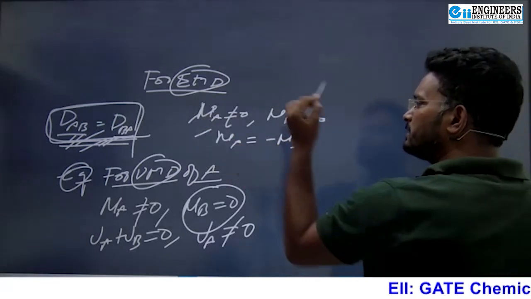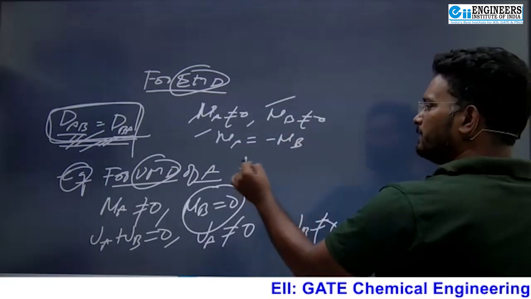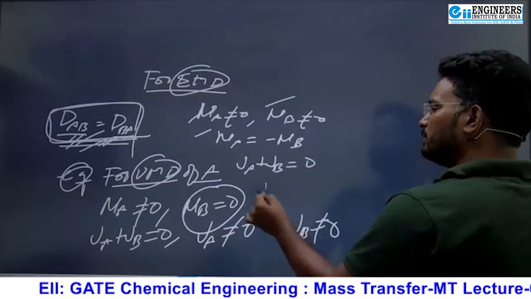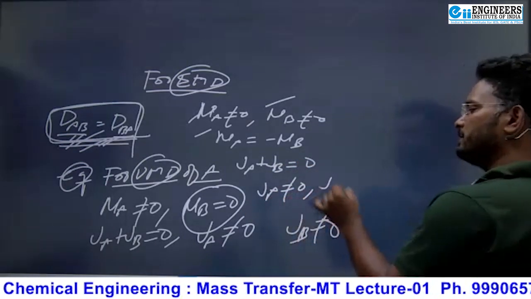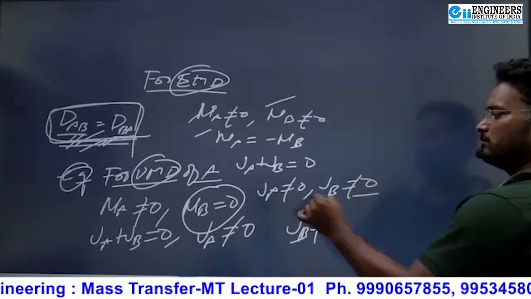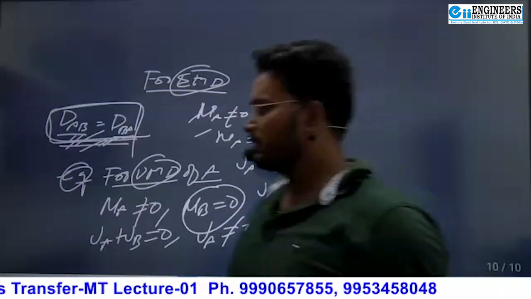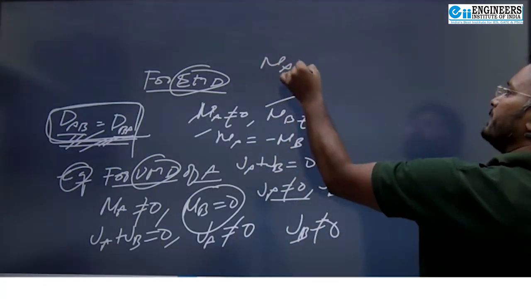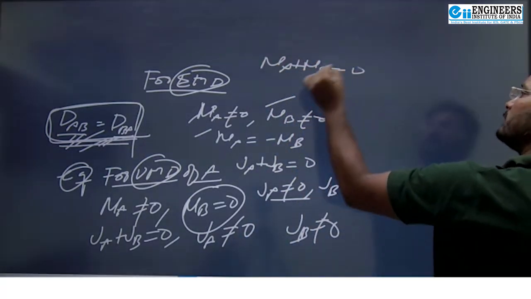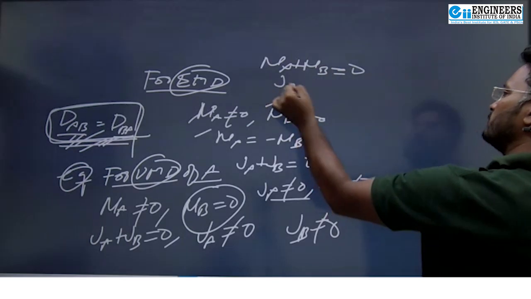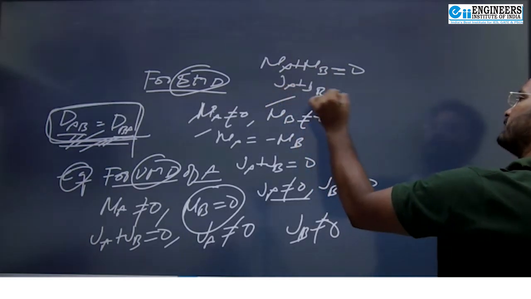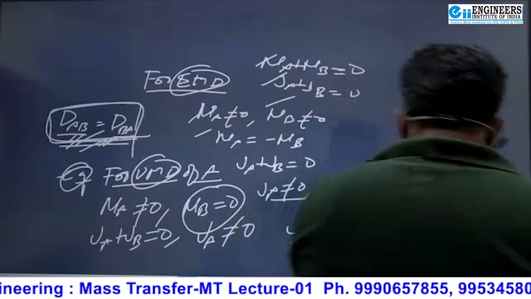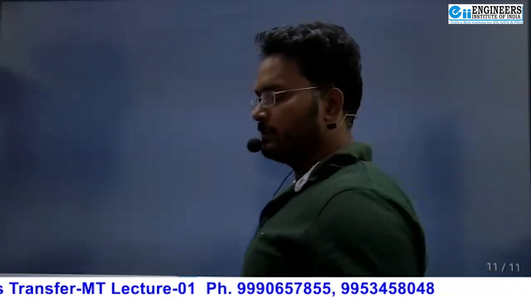This is also right. And Ja plus Jb is 0, that will always be so. Ja is not equal to 0, Jb is not equal to 0. Clear? Yes, here Na plus Nb is 0 and Ja plus Jb is also 0. You can say that, yes, that is also correct. Clear? Now I will finish one last point and then this topic will be complete.